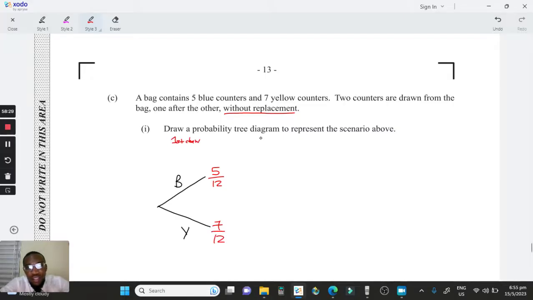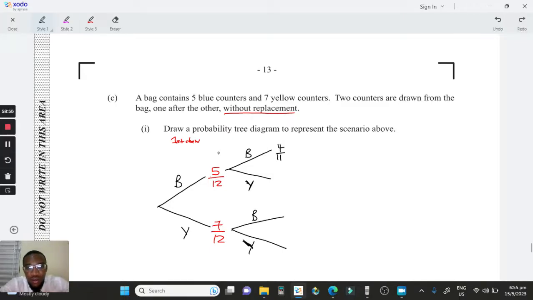Now on the second draw, what happened? If you draw a blue first, you can then either draw a blue next, or you can draw a yellow. Or you could draw the yellow first, then draw a blue next, or a yellow. Now if you draw the blue first, getting another blue is 4 out of 11, because remember, one of the blues would already be gone.